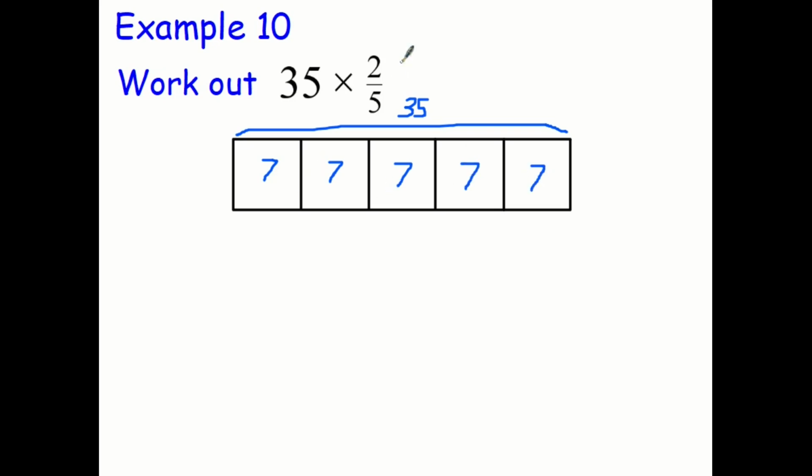And I want 2 of those fifths. So 2 of those fifths, 2 sevens are 14. So you can see here I've done 35, I've divided it by 5 to give me my 7, and then I've multiplied by 2 to give me my 2/5.